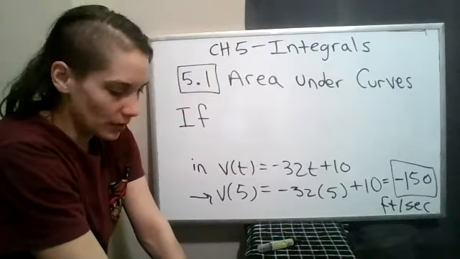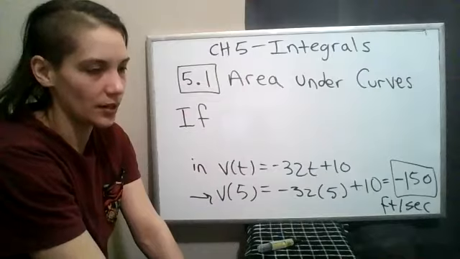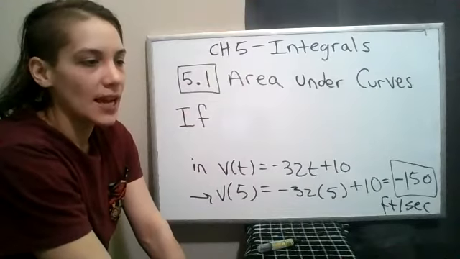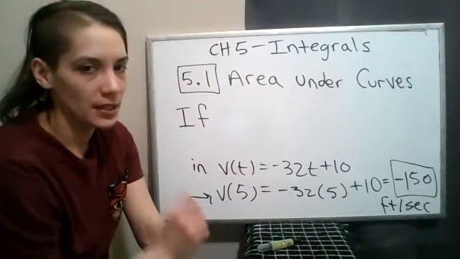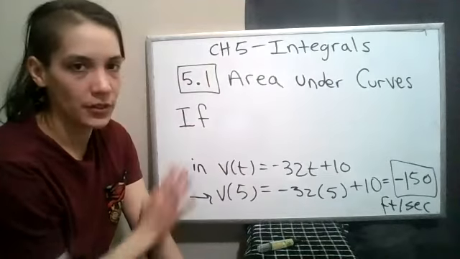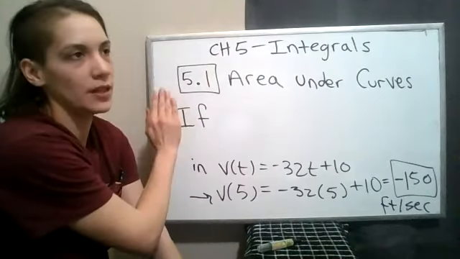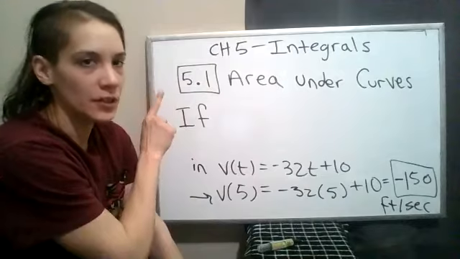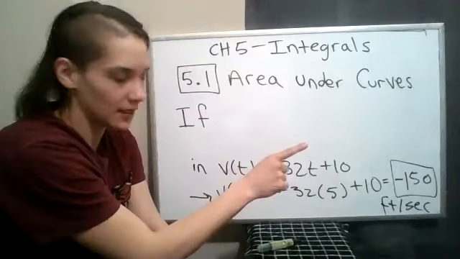Okay, so first of all, we have a function. We're going to call our function f. And all we really need is for it to be a continuous function. But for chapter 5.1, we're going to talk about functions that are above the x-axis.